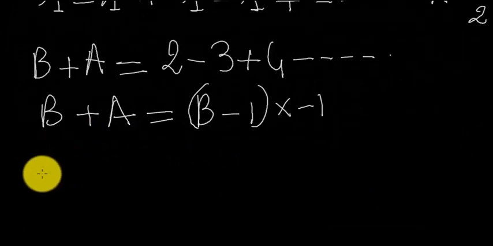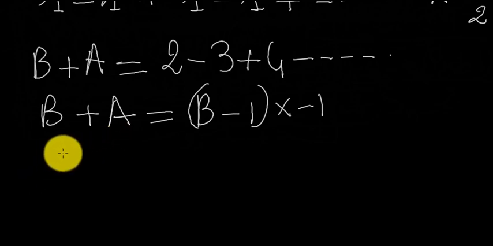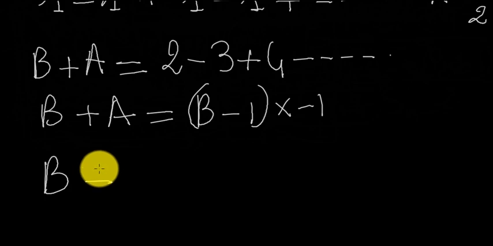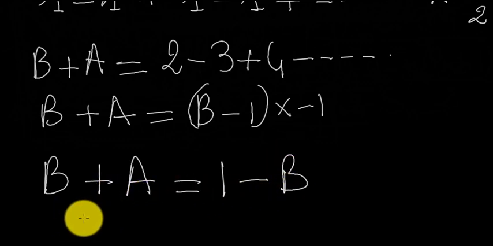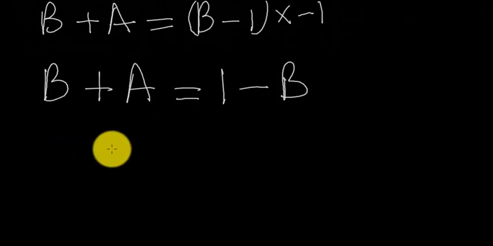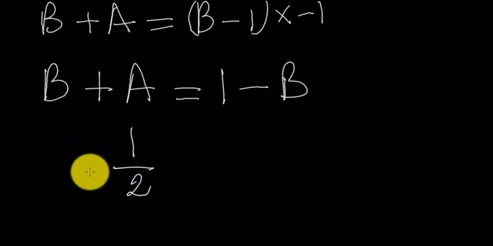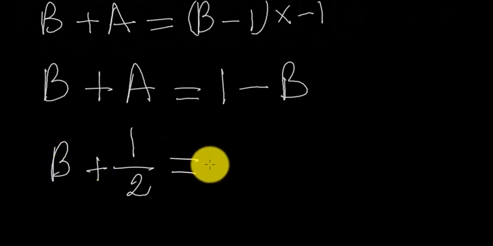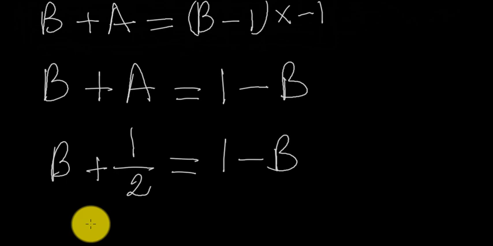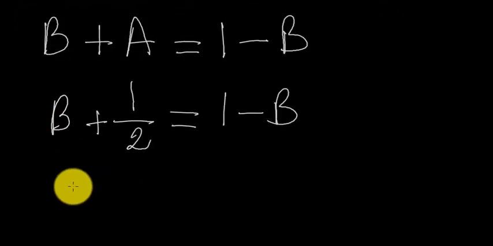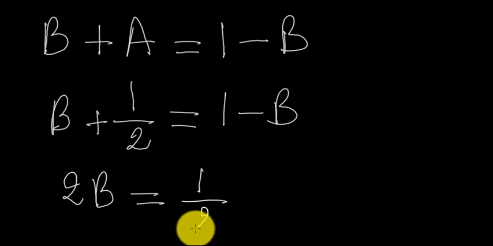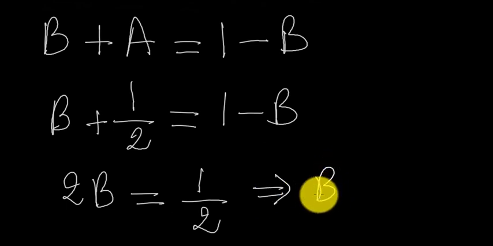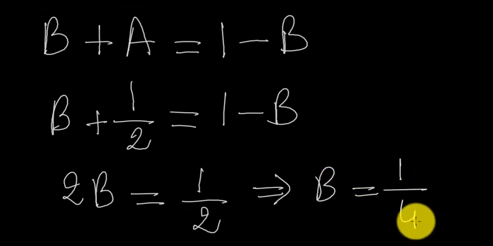Now we can calculate b as being b plus a equals 1 minus b. And because a is equal to 1/2, plus b is equal to 1 minus b, then we'll find that 2b equals 1/2, which means that b is equal to 1/4.